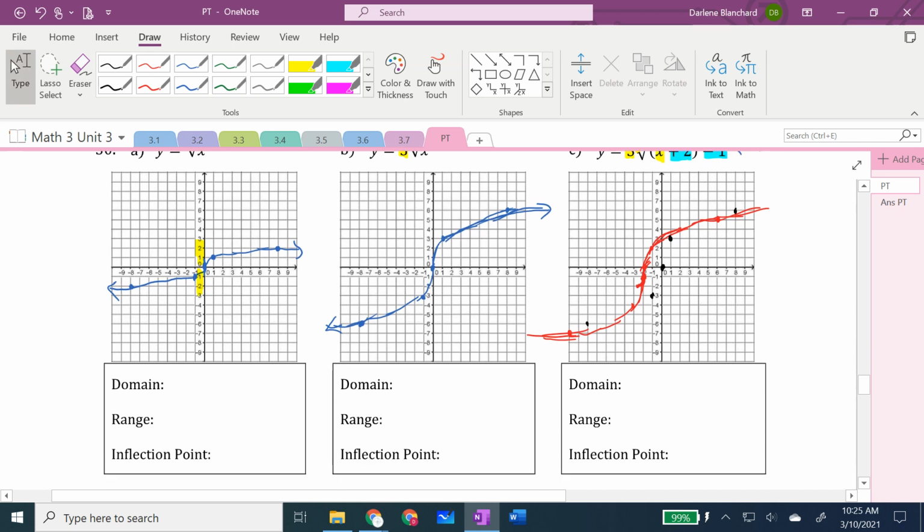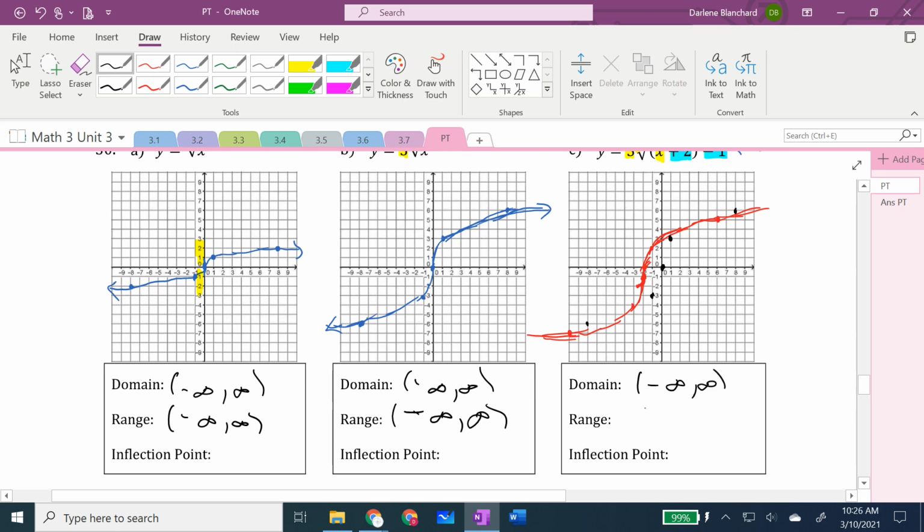Now, make sure you know when it comes to cube root, domain and range, just negate all real numbers. Everything's allowed in, everything's allowed out. The inflection point is the point that begins at the origin, which will not be affected by the stretching.